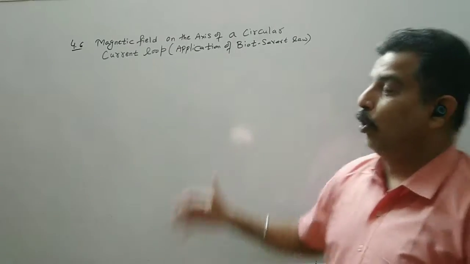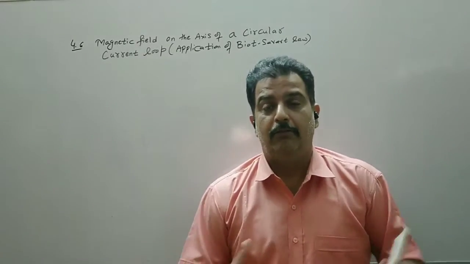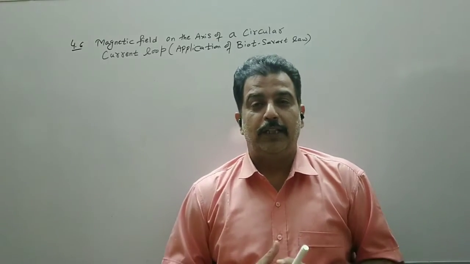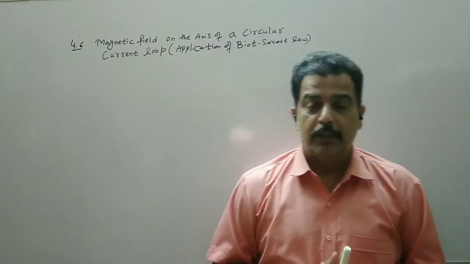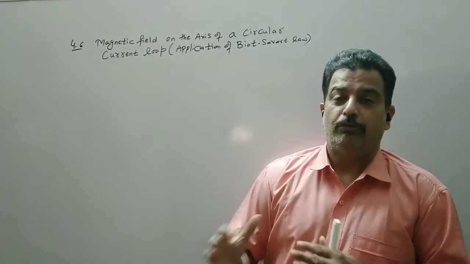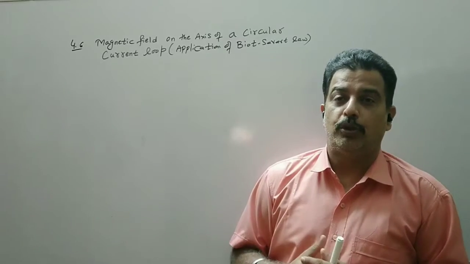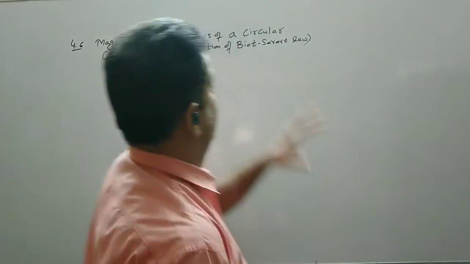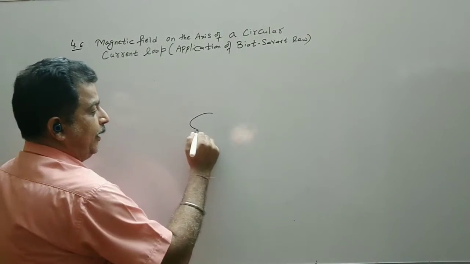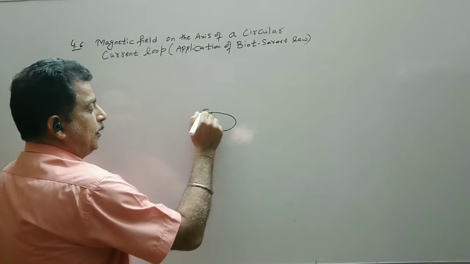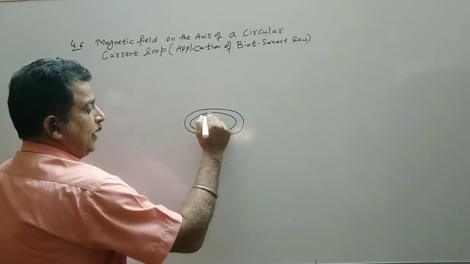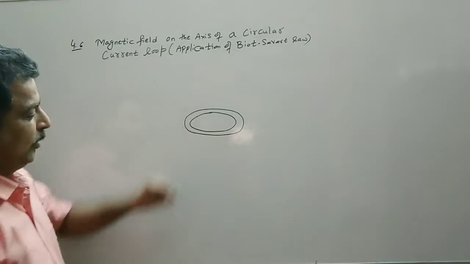Before we move on to derive the formula for the magnetic field intensity, we will try to understand the direction involved, and in the next lecture we will do the derivation. So we try to understand the theory portion of this problem. So let us consider a ring. Let us assume it has a small thickness.